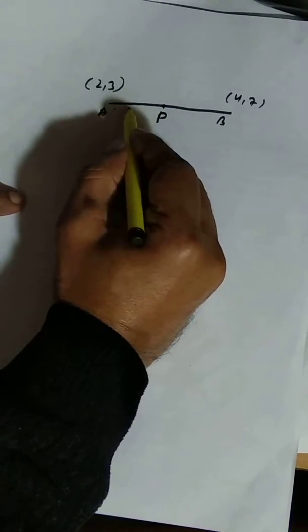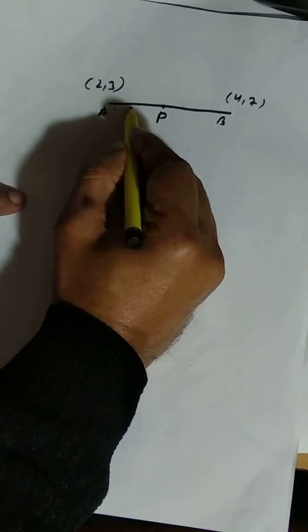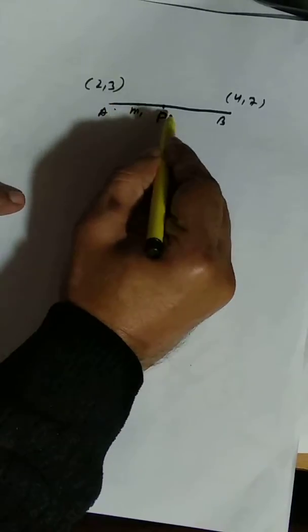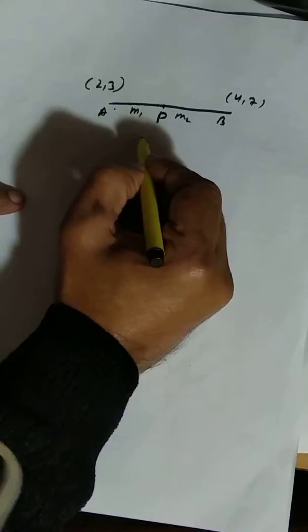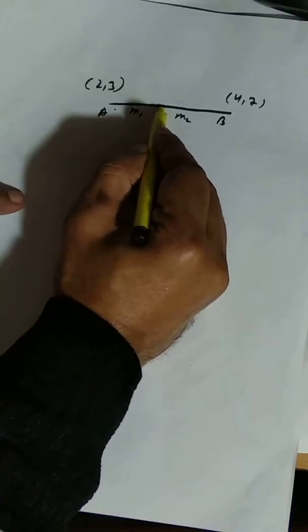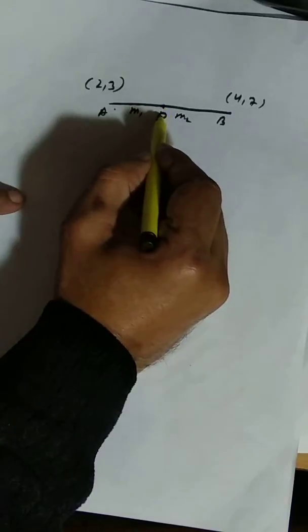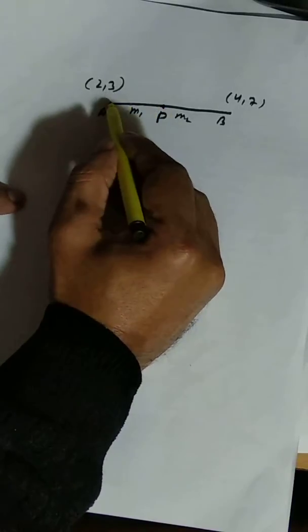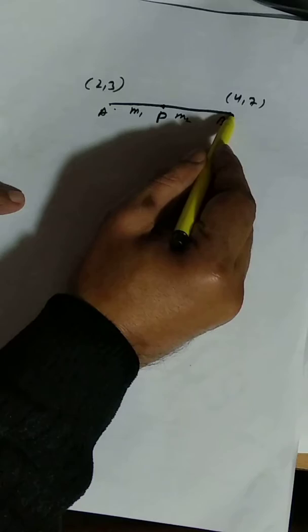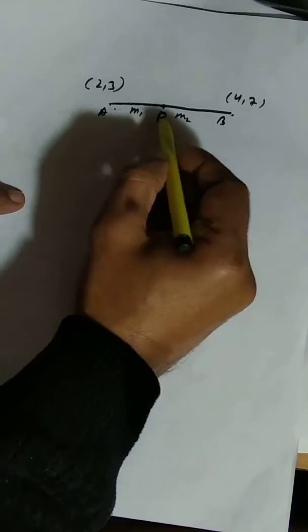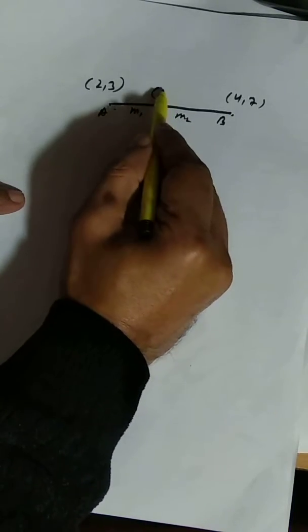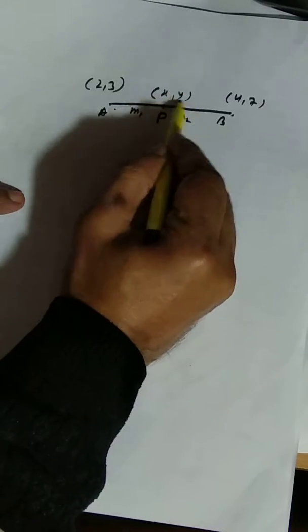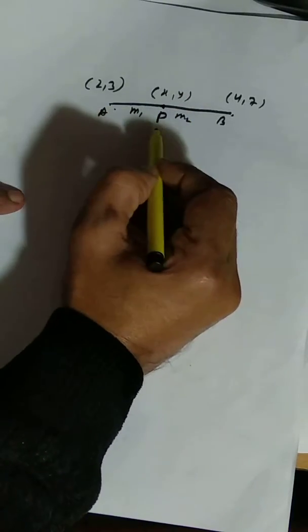Now, if I take for example the ratio to be m1 is to m2, and you want to find the coordinate of point P which divides line segment AB in a certain ratio. So let's consider point P and its coordinate. We can take x comma y.